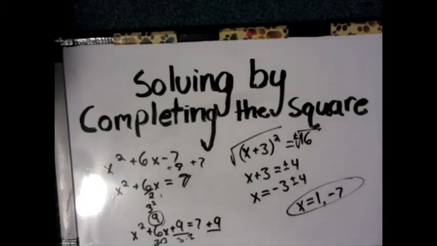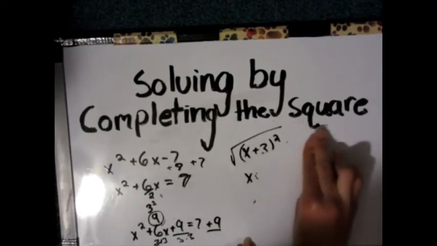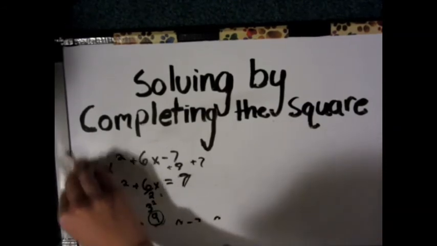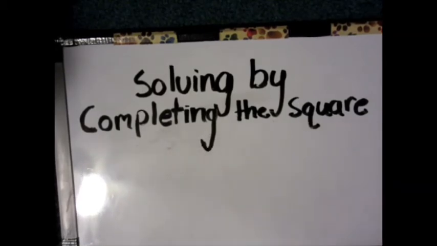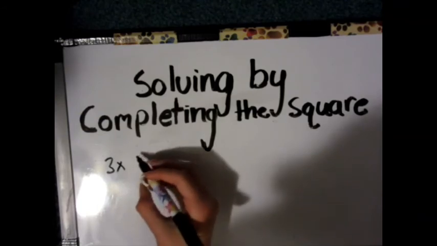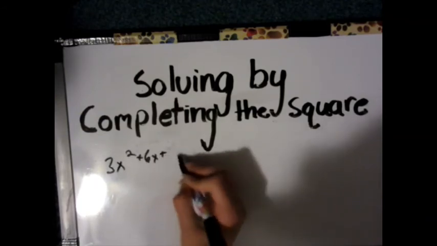Alright, now to the last one that makes this a more complicated way to solve it most of the time. Because if there's a coefficient, it's just going to make it more work than it's worth typically. Alright, so this next example I'll use is 3x squared plus 6x plus 27.